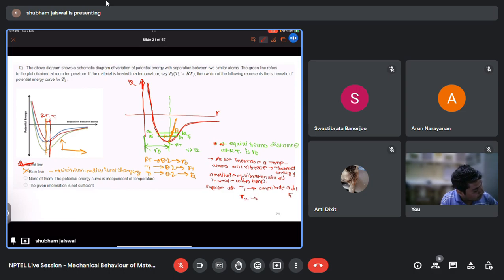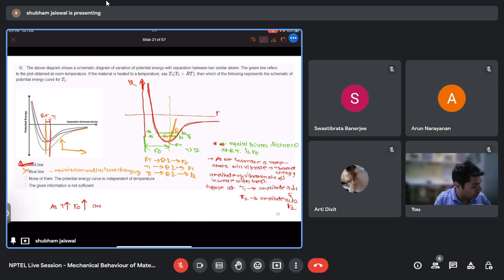At T2 the amplitude will be A2, B2 and the length will be R2. So as the temperature increases, the R naught will increase.